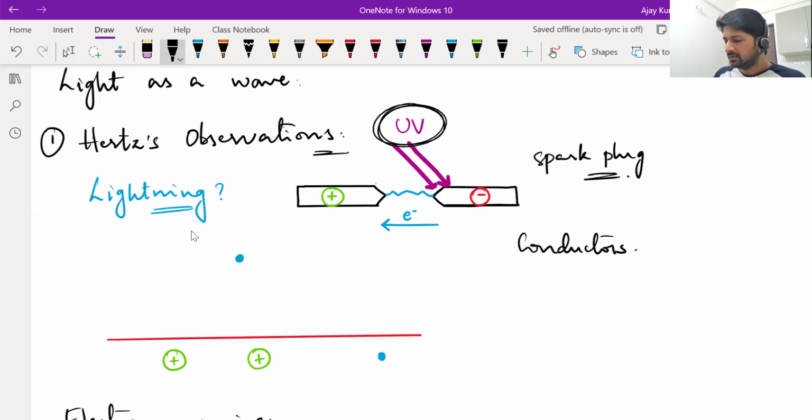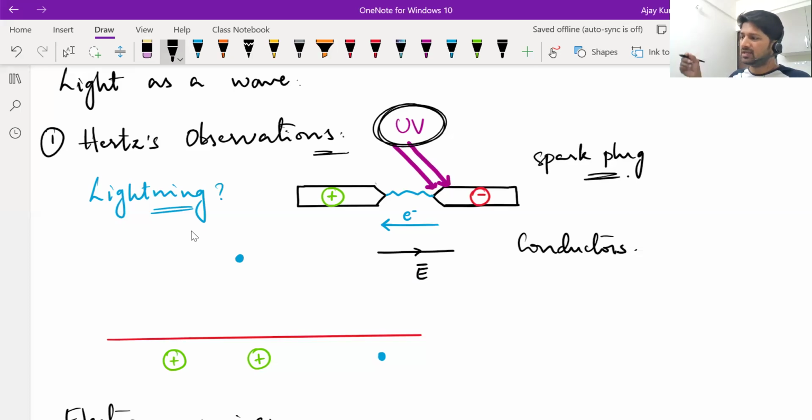Once the electron is out of the metal surface, the potential difference between the two electrodes matters. See, there's a positive electrode and a negative electrode. Now, electric field will be from positive electrode to negative electrode. That's the direction of the field. And you know, electron experiences force opposite to the electric field. So once the electron is out of the metal surface, this electric field will pull it from one electrode to the other electrode. And as the electron moves from one electrode to the other, it passes through a gas.